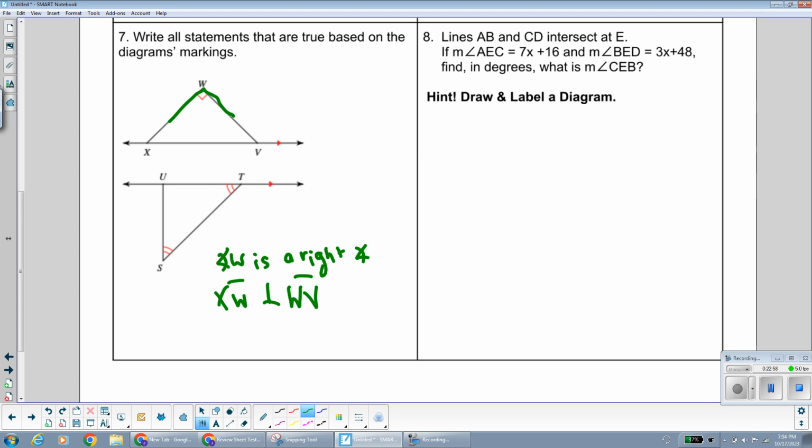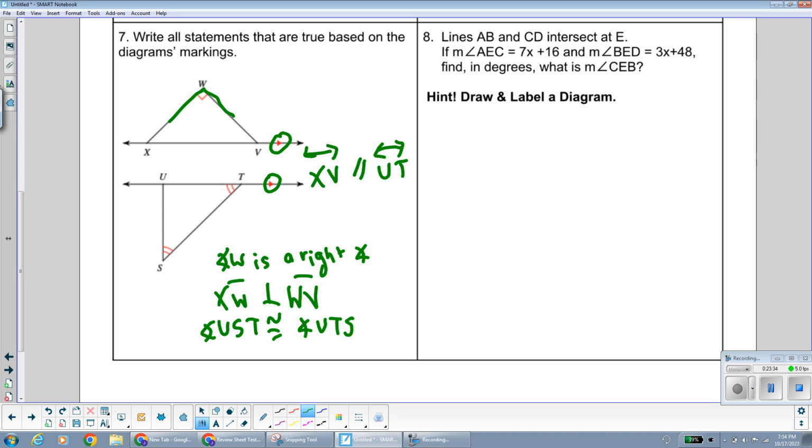I know that angle S, or angle UST to get more specific, is congruent to angle T, or angle UTS, and that's because they have congruence marks on them. I know that line XV is parallel to line UT, because they have the arrows on them, which indicate parallel.